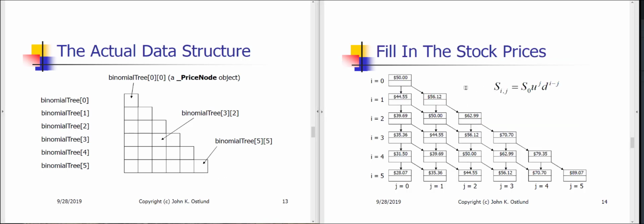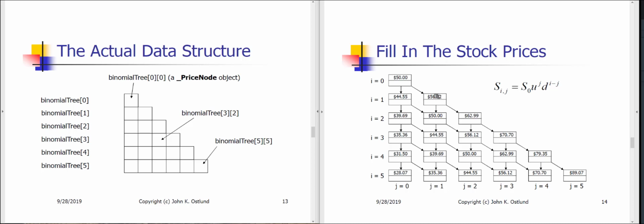Okay, so here in slide 14, we're showing filling in the stock prices forward in our binomial tree. The current price of the stock is 50, and based on the up and down factors that we computed in the model, if the stock price goes down, it's going to be 44.55. If the stock price goes up, it's going to be 56.12. If the stock price goes down and down again, the stock price is going to be 39.69.